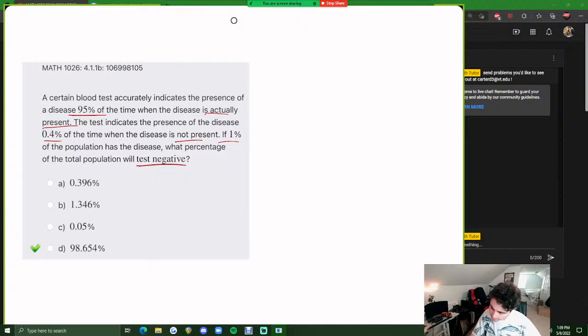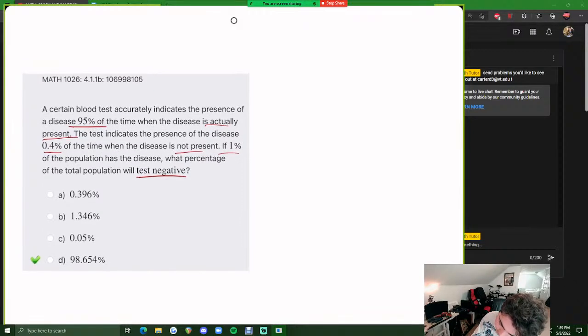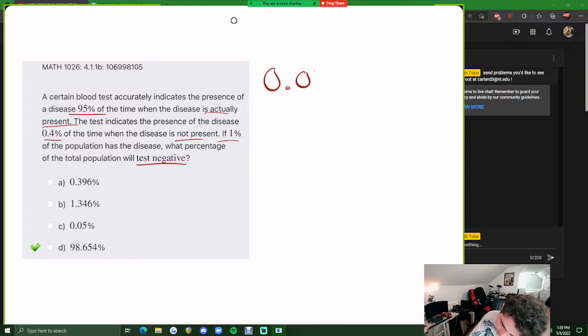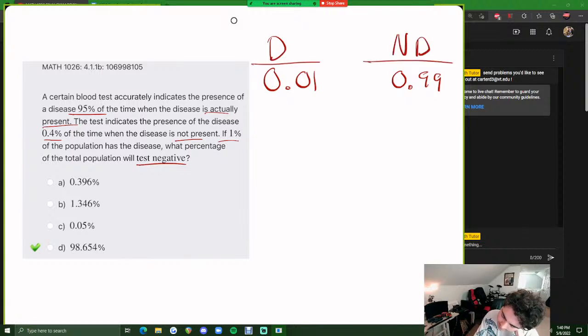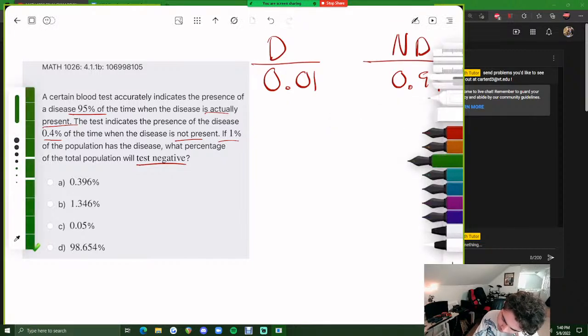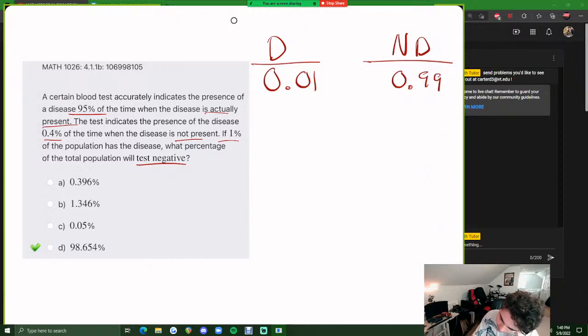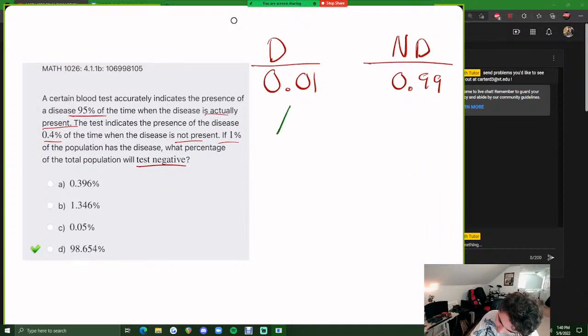And so I like to just break this down with the tree situation. So if 1% has the disease, we know that 0.01 of the population has the disease, which means that naturally 99% of the population does not have the disease. So I'm going to say disease, no disease, D and ND. And so of this 0.01 with the disease, it says the test will indicate the presence of the disease 95% of the time when it's actually there.